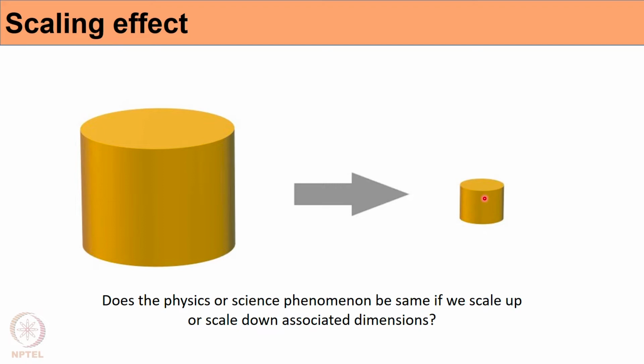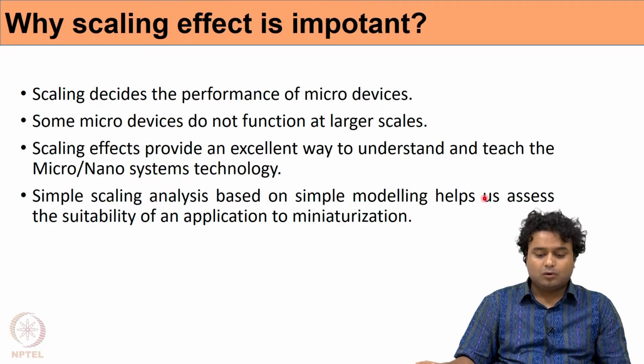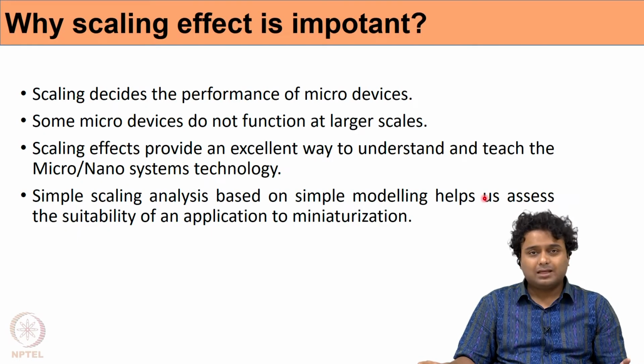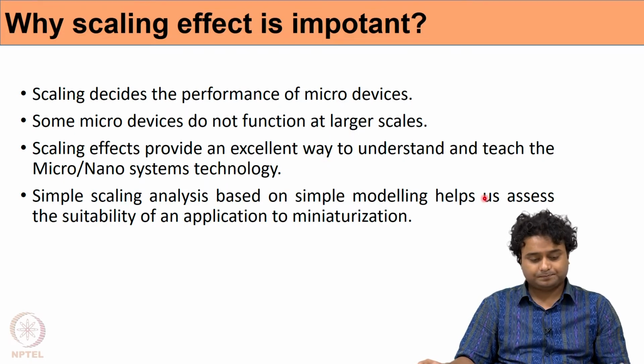Now because of this scaling down, what does it change? Does the physics or science change, or the phenomena change, or what are the things which exactly change because of this scaling up or scaling down? Now before we go into that, first thing is why we should study this scaling and why this scaling is important.